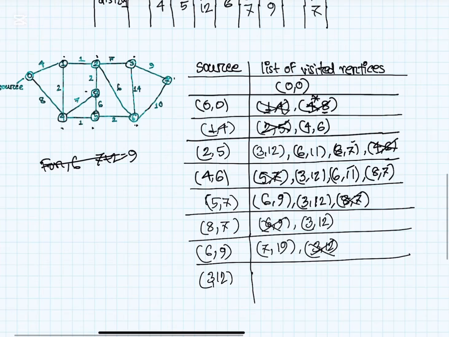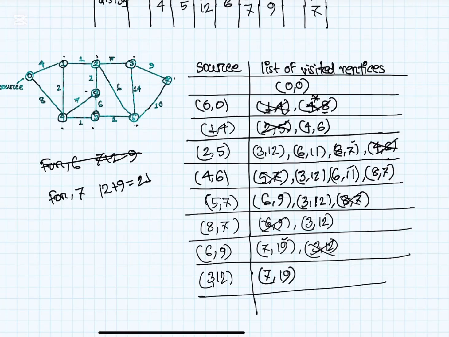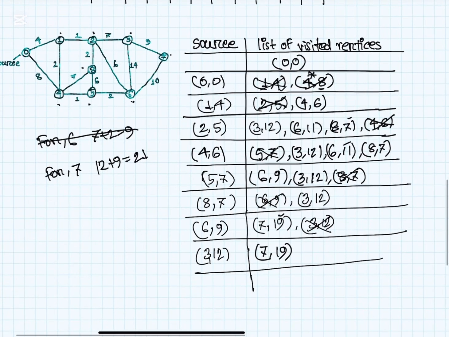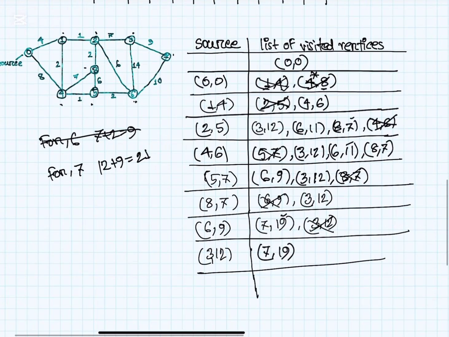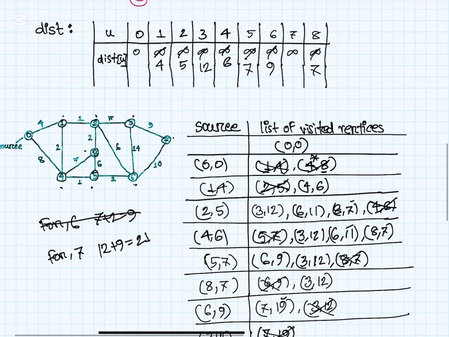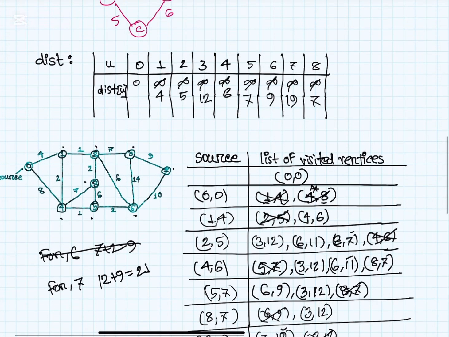And for 7, the distance would be 12 plus 9 equals to 21, which is greater than 19. So we'll not update the value 7, 19. Since this is the only vertex left, we'll choose this our next source. So 7, 19. So let's update the distance 7, 19.